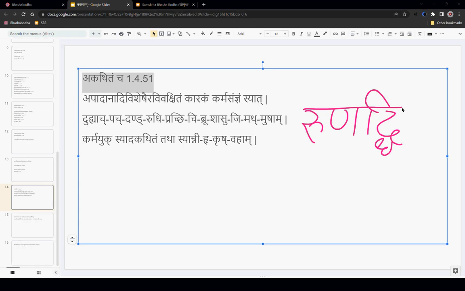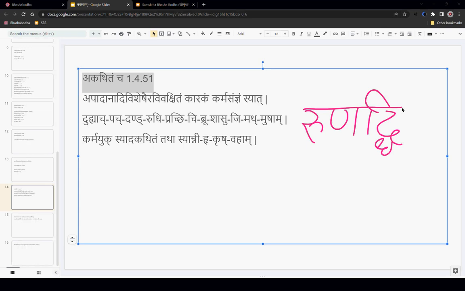Aham vahanam runadhi, or generally it is used with the upasarga, avarunadhi. I stop or park my vehicle. Kutra, so you are parking it in some place, right? At that place. So what word can you use? You can use aham vahanam.